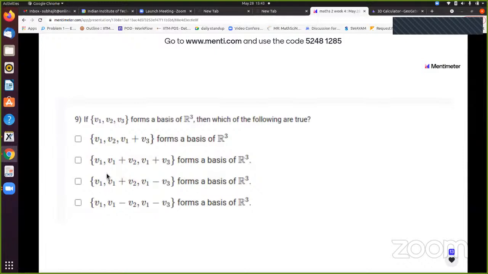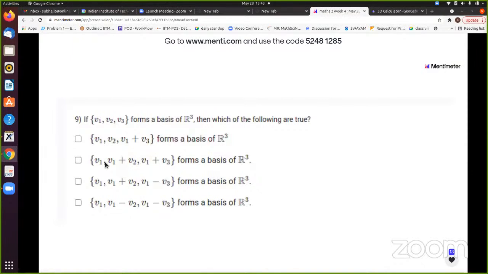I have a question. Any basis can be reduced to a standard form. So I think you can assume that V1, V2, V3 are in standard form. The result will be the same. Then you have to prove it. Yes, of course, because you can reduce any basis to the standard form.